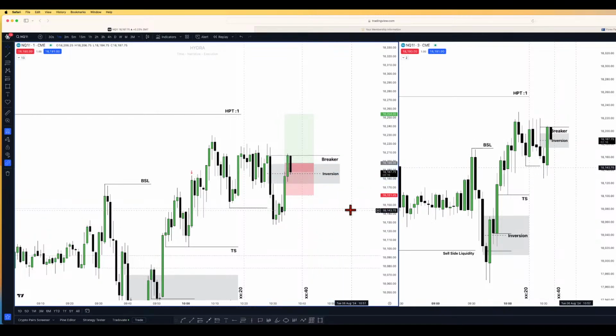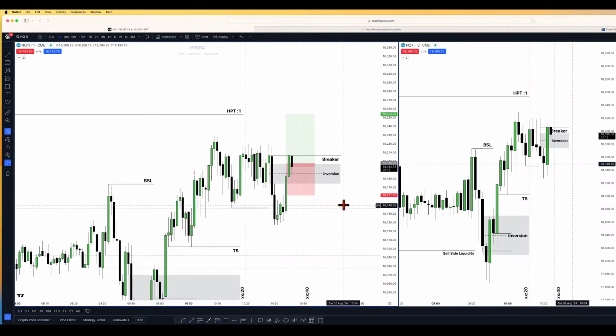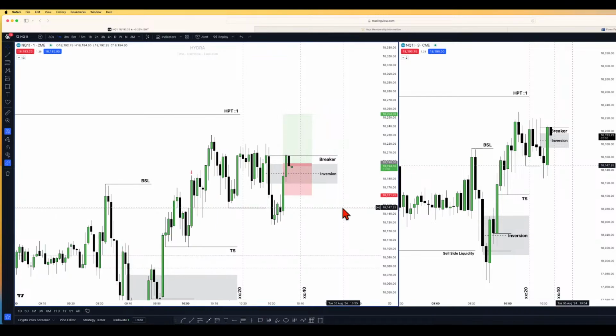We turned the fair value gap into an inversion. Retested the inversion. Let's see if it gives an expansion. So far respecting the inversion, so that's what I like.